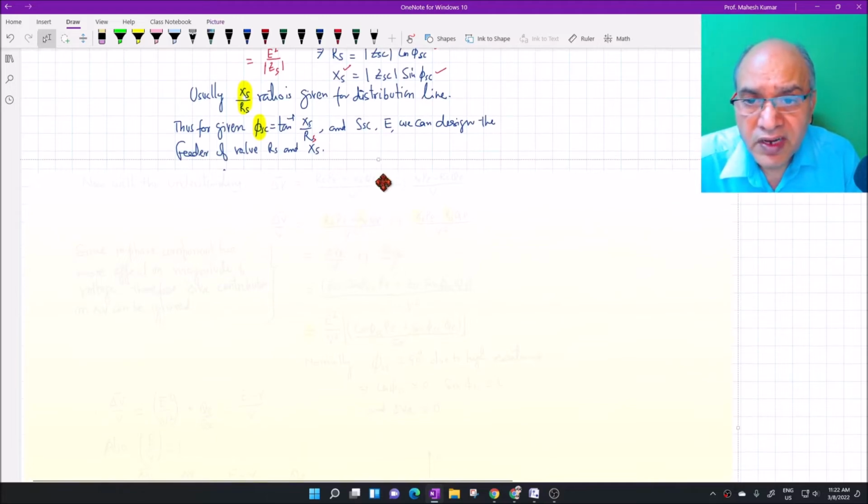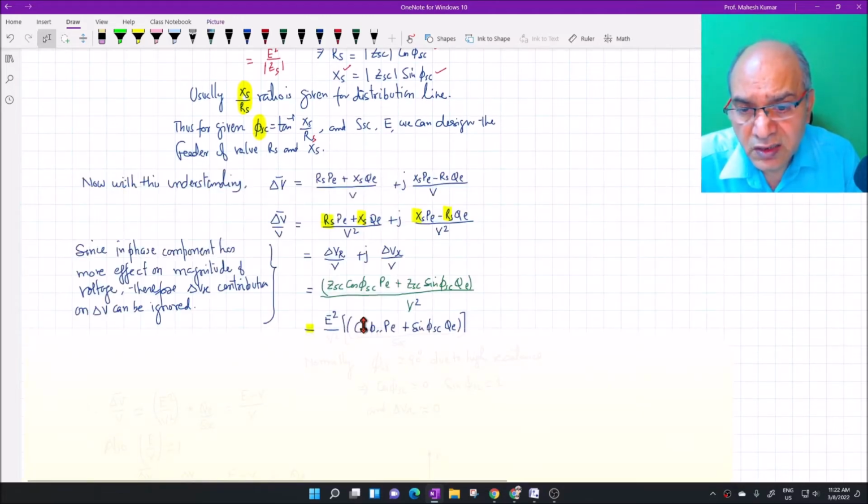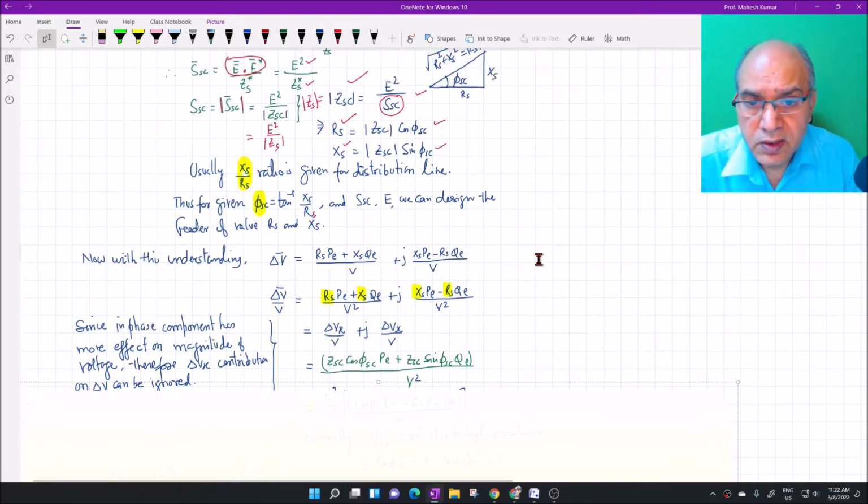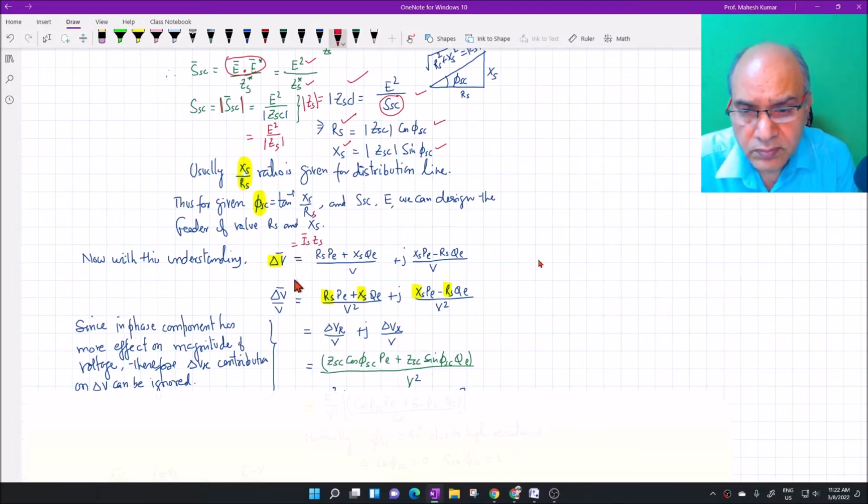Okay. Now, here we are most interested in the approximate relationship for the voltage regulation. So this expression we have found in the previous class, that delta V is nothing but IS into ZS. And what is IS?